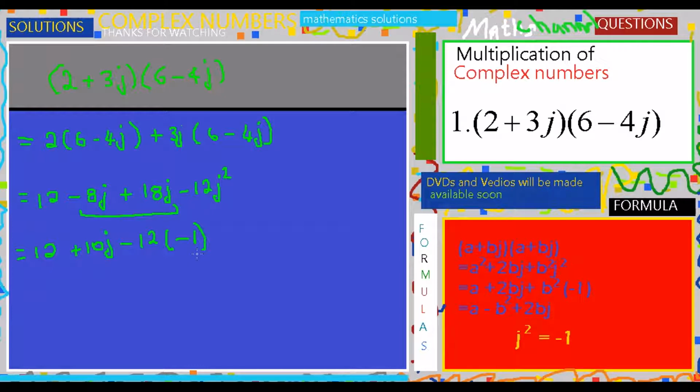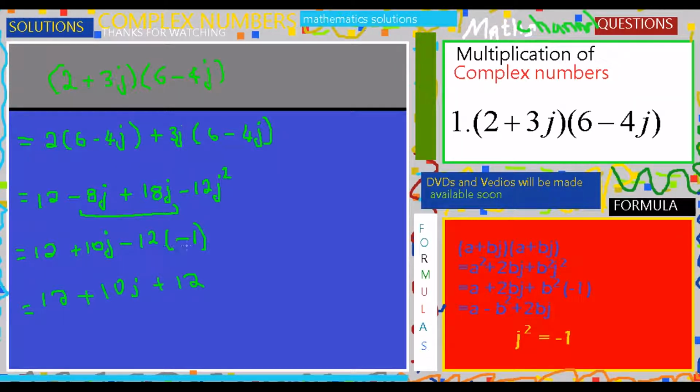As you can see, j squared represents -1 in the formula, so we replace j squared with -1, then you multiply it inside. Plus 10j plus 12.